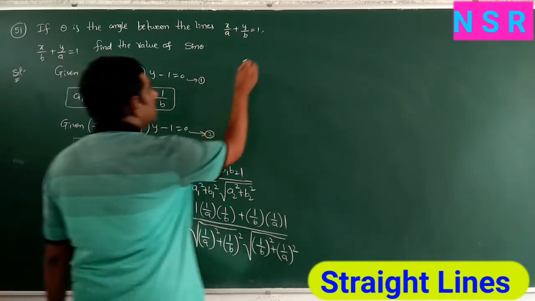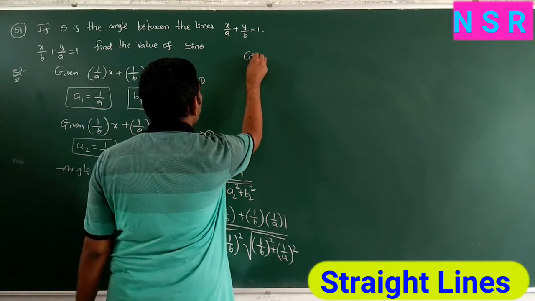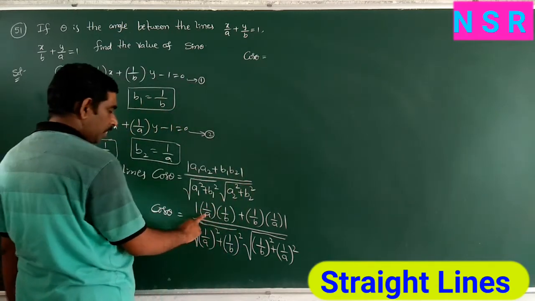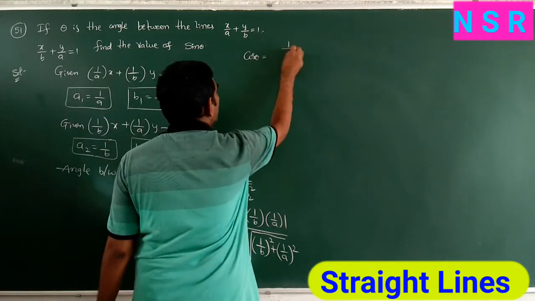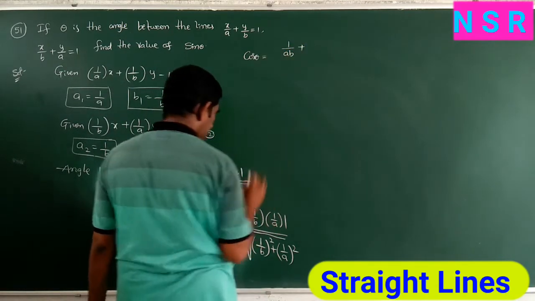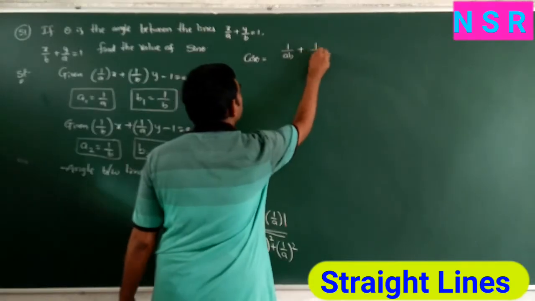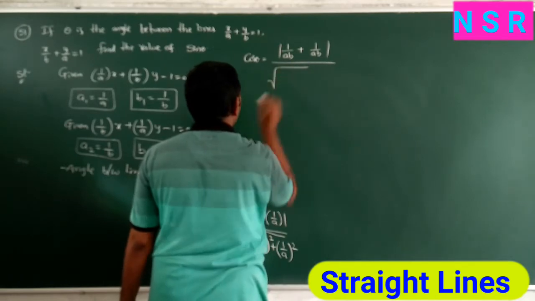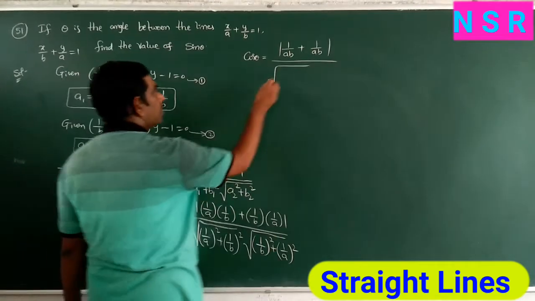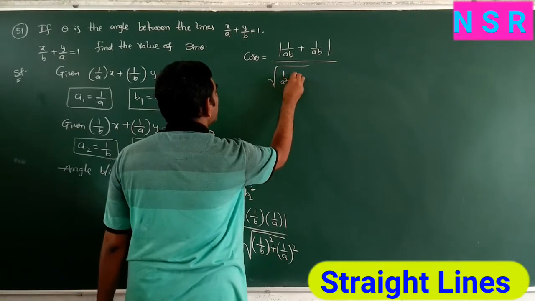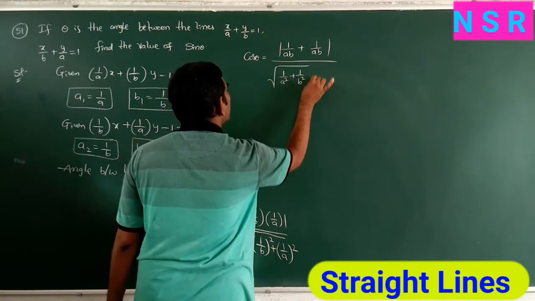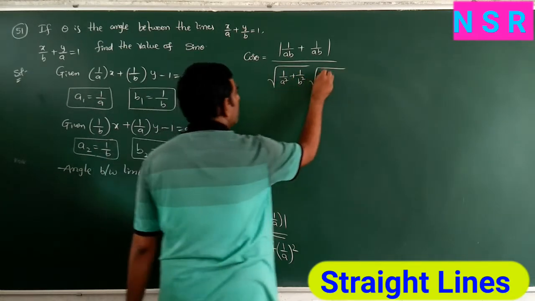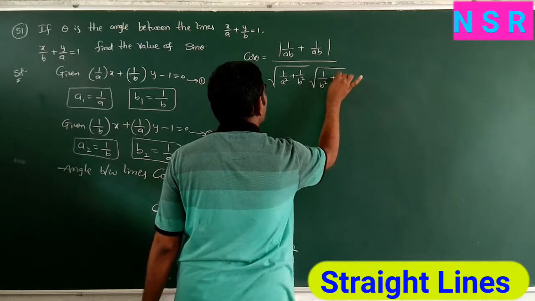Now simplify it. 1 by a into 1 by b is 1 by ab, plus 1 by b into 1 by a, this is also 1 by ab, by square root of 1 by a square plus 1 by b square, and here also 1 by b square plus 1 by a square.